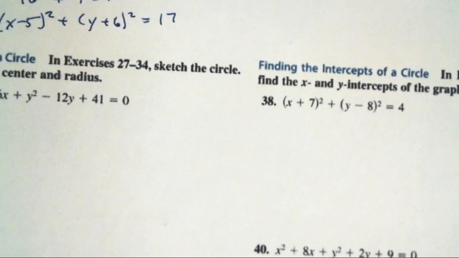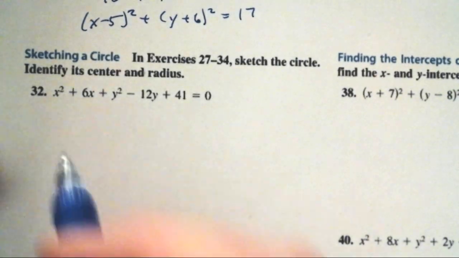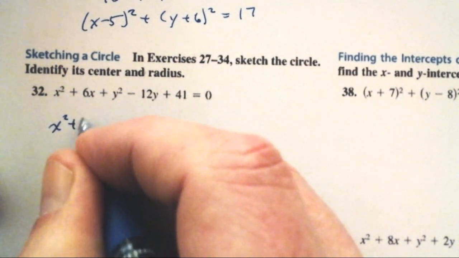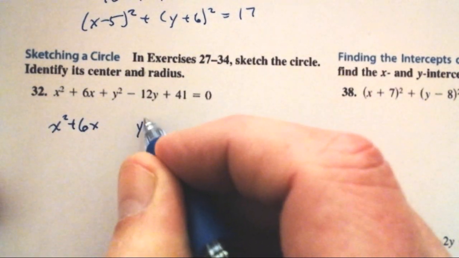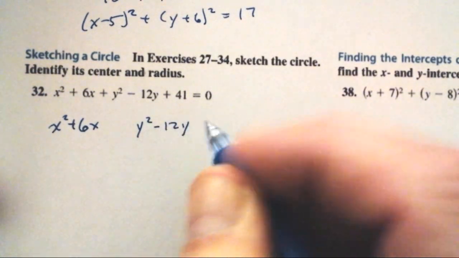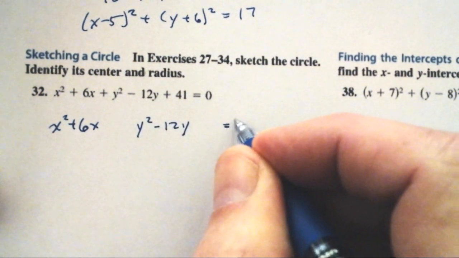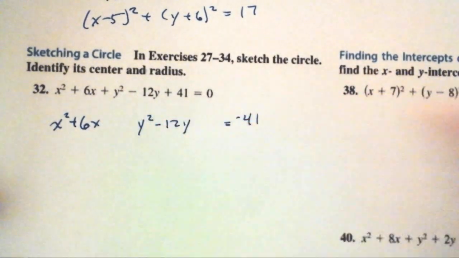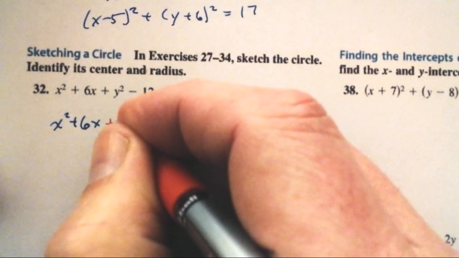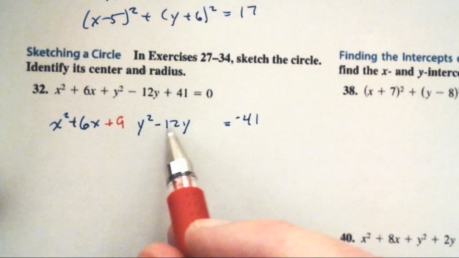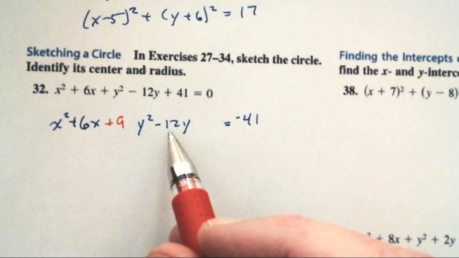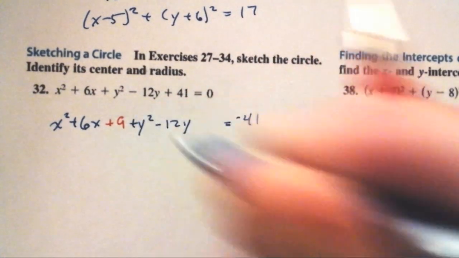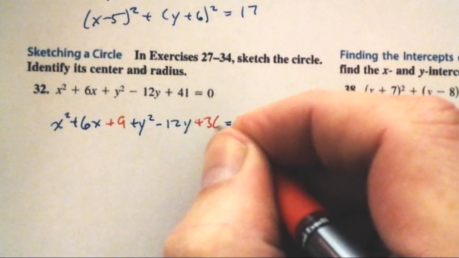Sketch a circle, identify its center and radius. Same initial process here. I'm going to go ahead and complete the square. Group my x's, x² + 6x, leave a blank. Group my y's, y² - 12y, leave a blank. Equals, subtract 41 on both sides. Half of 6, 3², plus 9. And you don't really need to work with the negative here, because half of negative 12 is negative 6 squared, but that's the same as 6 squared. So I might just say half of 12, 6², plus 36.